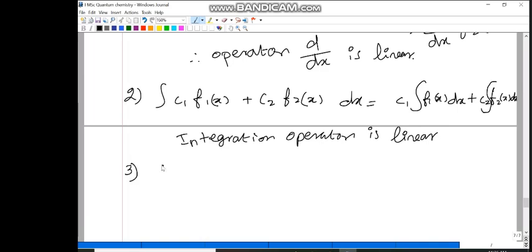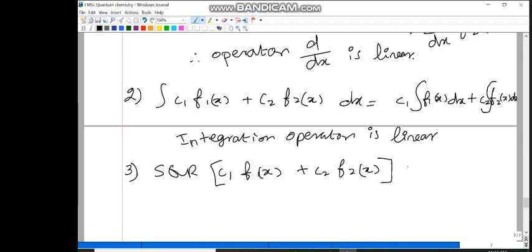If you take square root, sorry, square, only square, right? So that c1 f1 of x plus c2 f2 of x, if you take square, you can write this one like this also.